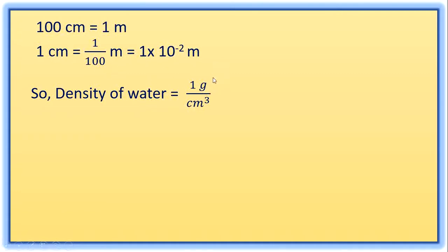Now bring that centimeter^-3 to the denominator, so we write it as centimeter cube. Now what is the value for 1 gram? 1 into 10 power minus 3 kg. And centimeter cube is 1 into 10 power minus 2, cubed, and meter also cubed.